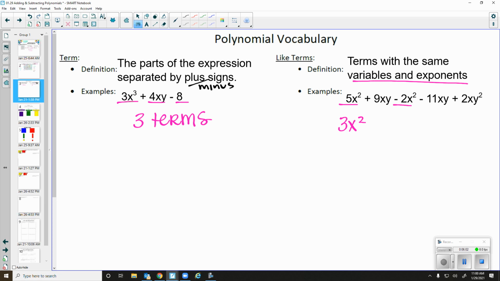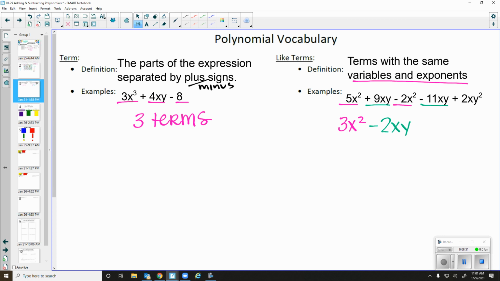Then there's an xy. If there are multiple variables, as long as there's something else that is xy, that is considered a like term. So that negative 11xy, those are like terms. So we can combine those coefficients together. 9 and negative 11 is a negative 2.